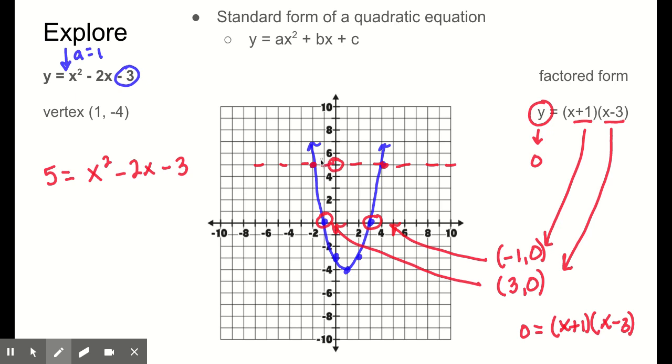But we can see here on the graph that our x values are negative 2 and positive 4. So when y equals 5, I substituted that 5 in for the y, our x values would be negative 2 and positive 4 based on the graph. But again, we could use an algebraic method, we could use factoring here to find those solutions. And that's what we're going to look at in our lesson today.